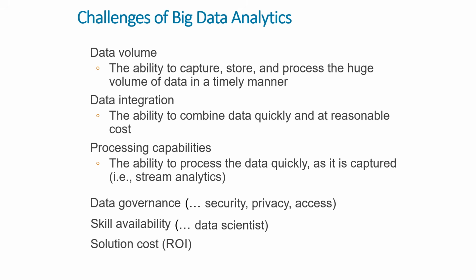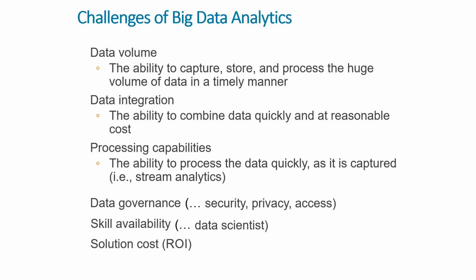Of course, the companies need to integrate and combine all the data at very low cost. Processing capabilities, of course, you know, the ability to process the data quickly, is the most important requirement of every data warehouse and data analytics platform. Data governance is again very important. Security and privacy: most of the companies are hiring cybersecurity persons to manage securing their data.